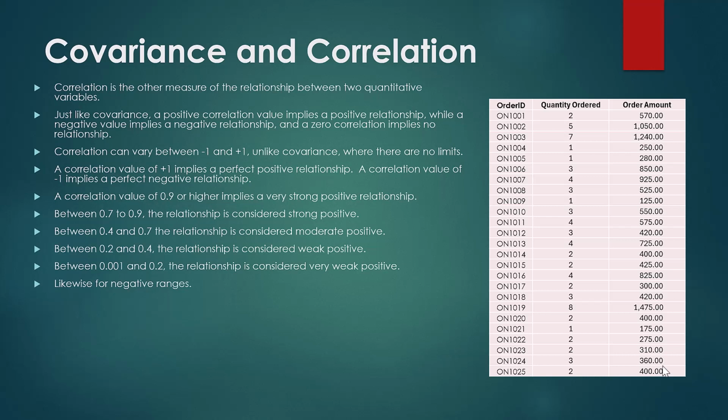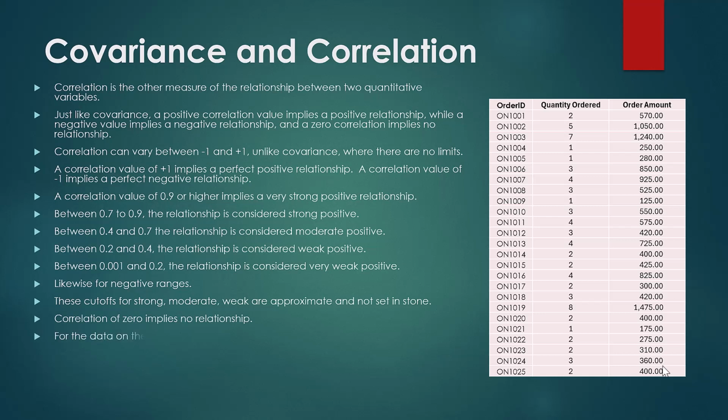Likewise, for negative ranges, negative 0.7 to negative 0.9, the relationship is considered strong negative, and so on. So these cutoffs for strong, moderate, weak, etc. are approximate and not set in stone. Again, the correlation value of 0 implies no relationship. So for the data on the right, we get a correlation value of 0.938, which implies a very strong positive relationship. And we use the Correl function to compute the correlation.